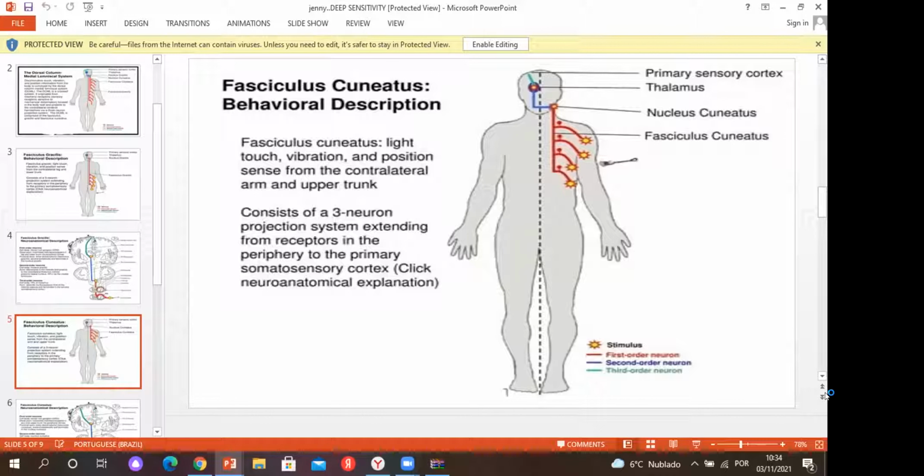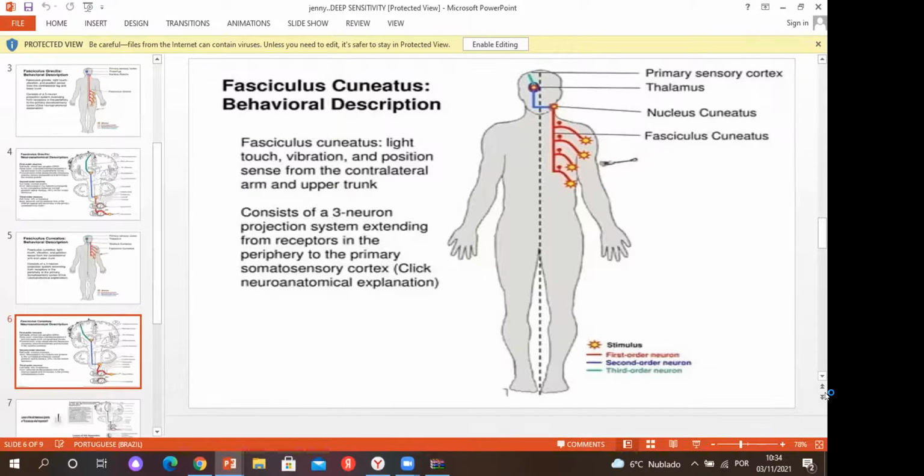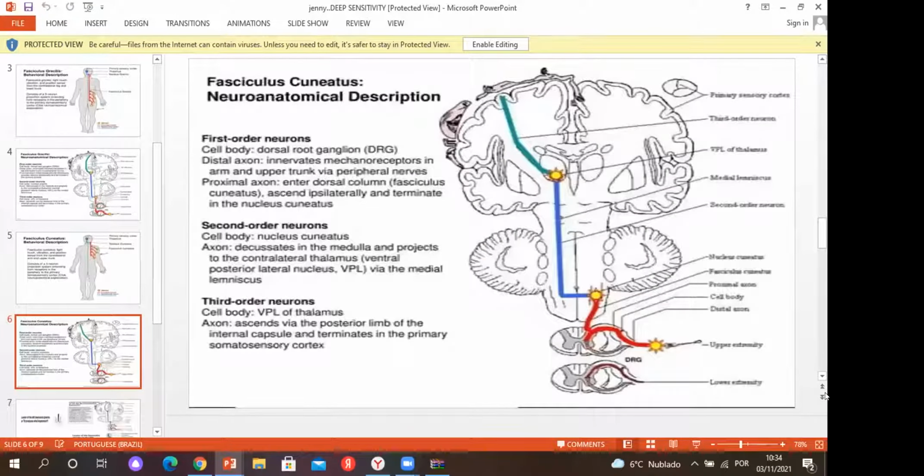The neuroanatomical description of it, the first order neuron, also in the dorsal root ganglion, innervates the mechanoreceptors in the arm and in the upper trunk via the peripheral nerves. The proximal axon will enter the dorsal column, ascend ipsilaterally, and then terminate in the nucleus cuneatus.